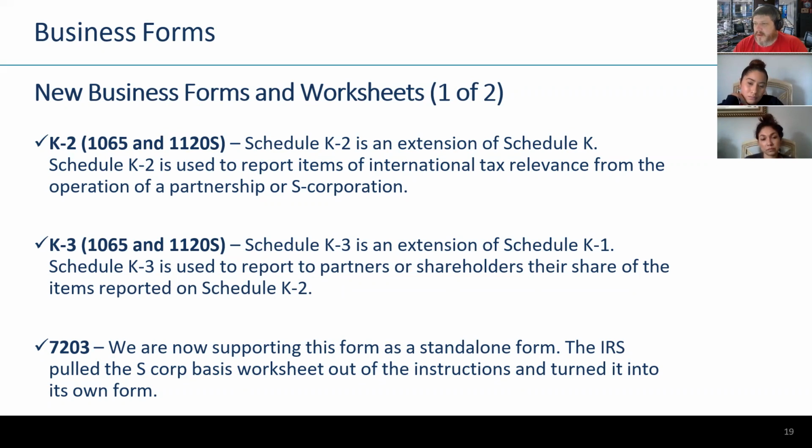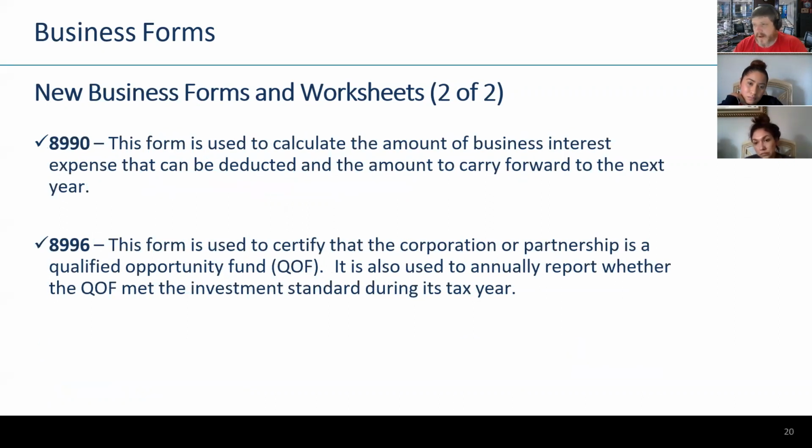The IRS pulled the S Corp basis worksheet out of the instructions and turned it into its own form. 8990 we talked on earlier. The 8996 is a form used to certify that the corporation or partnership is a qualified opportunity fund. Again, I don't think most of you are going to see any of these new forms, with the exception of the 2441 and the 8812, which we're going to go over in tax law updates.